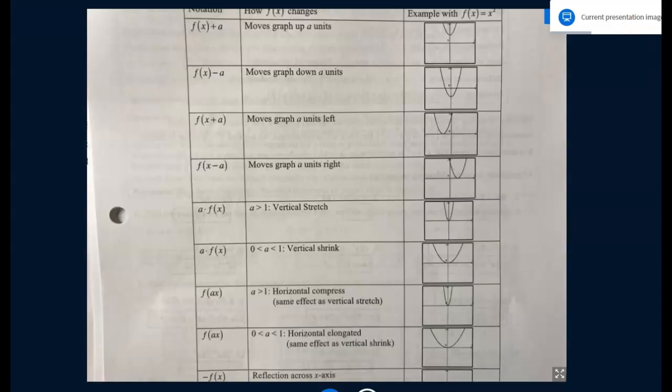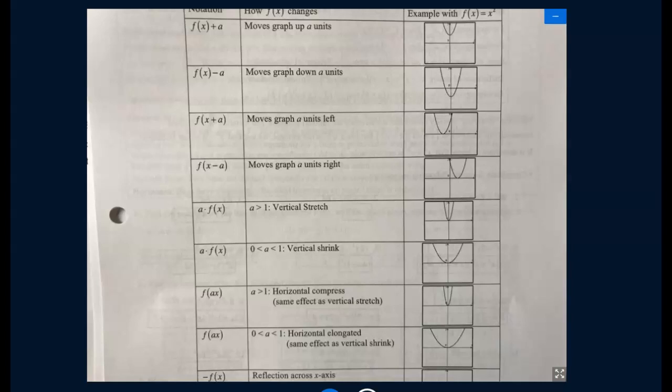What we want to do, let me see if I can upload a photo. All right.